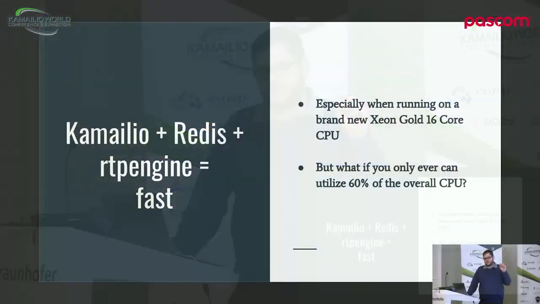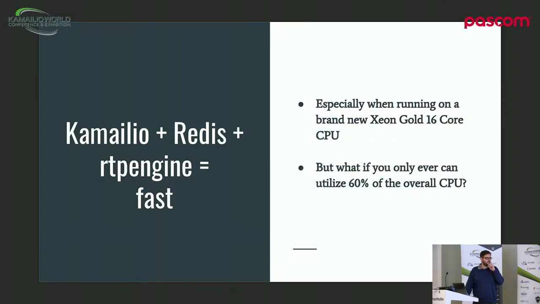All right, and then there was another problem when testing, which is that Kamailio plus Redis plus RTPengine is fast. And don't get fooled, it's really fast, especially when you run it on a brand new Xeon Gold 16-core CPU, which we started our testing with.